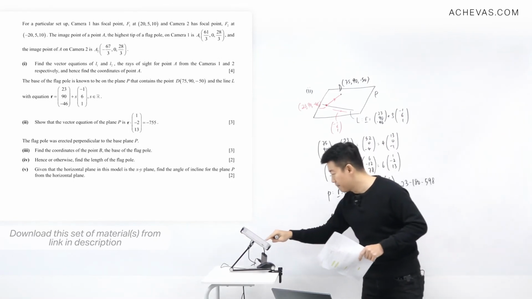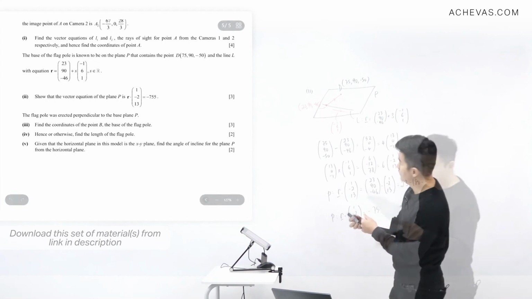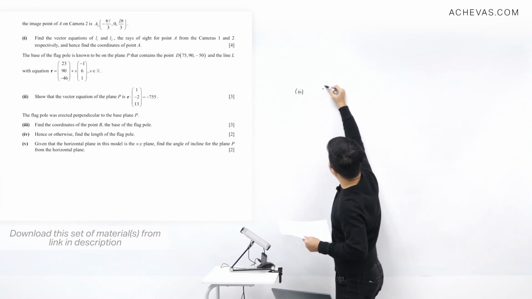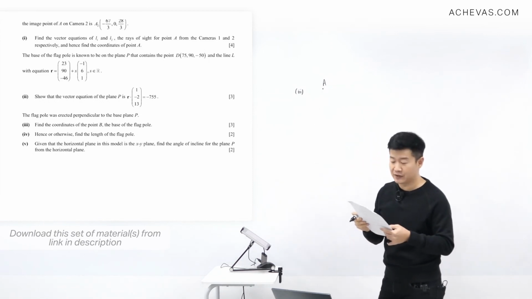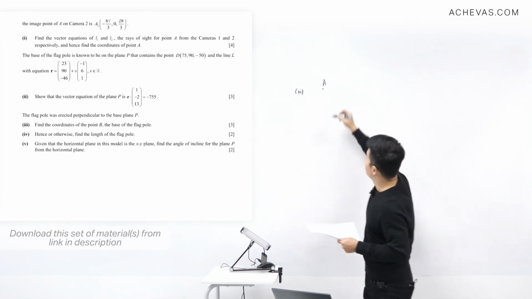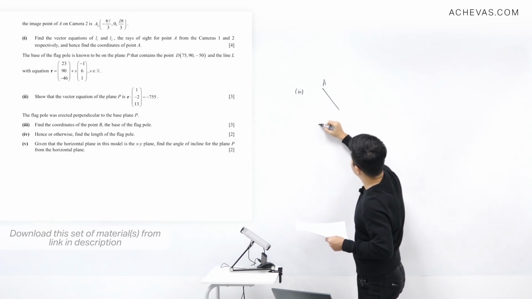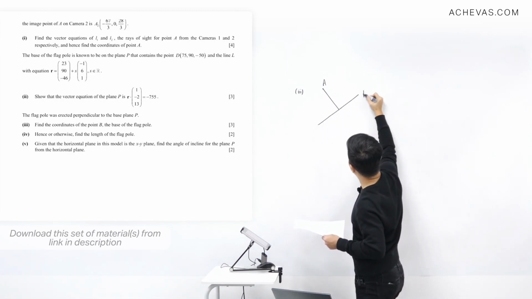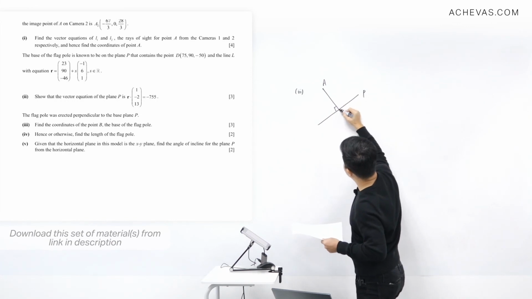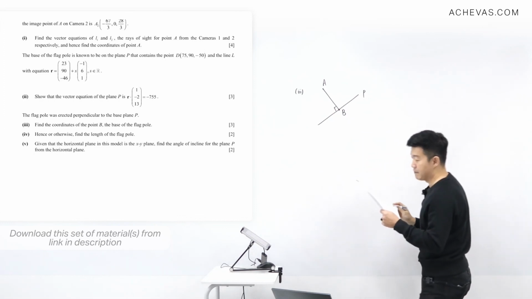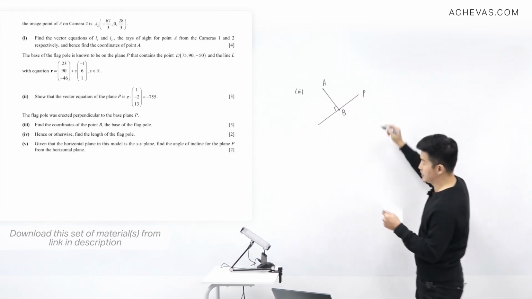Next. So for part 3, we have this point A, which is at the tip of the flagpole, and this flagpole is going to be perpendicular to the plane P that we have just found. And this base here, according to what the question says, is point B, and we are supposed to find the coordinates of this point.